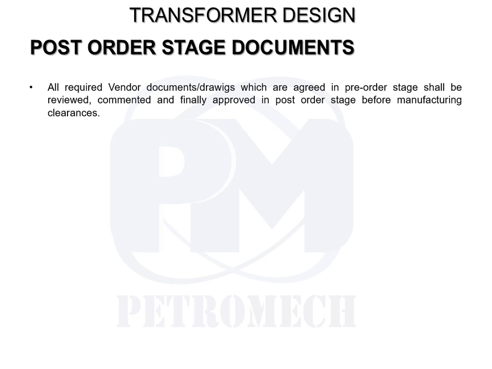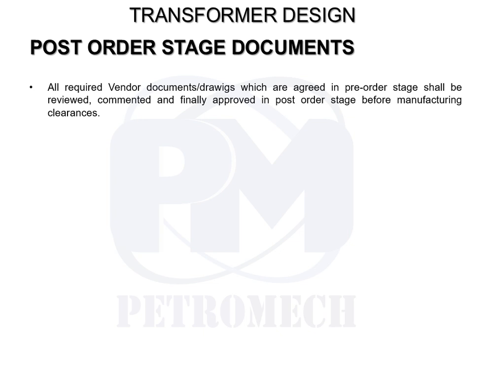In the post-order stage, the documents include major vendor documents and drawings which we have already agreed with the vendor in the pre-order stage. I repeat my point, which are agreed with vendors in the pre-order stage. We have to be very cautious about what post-order vendor documents we are expecting from the vendor as part of the vendor drawing requirements.